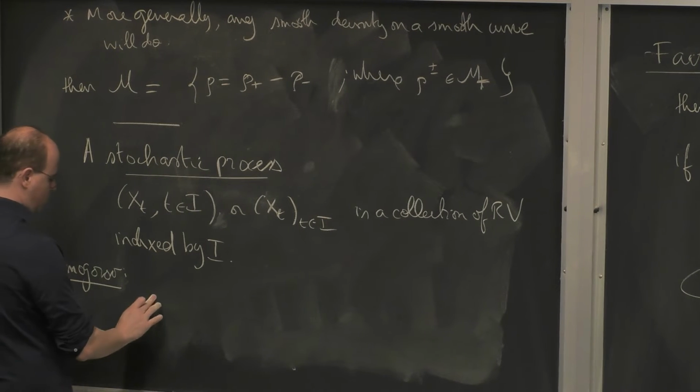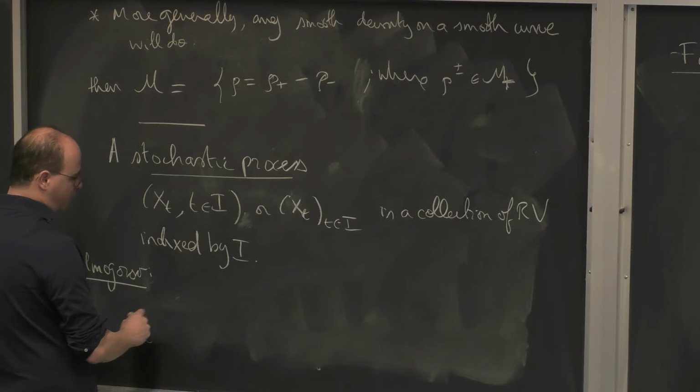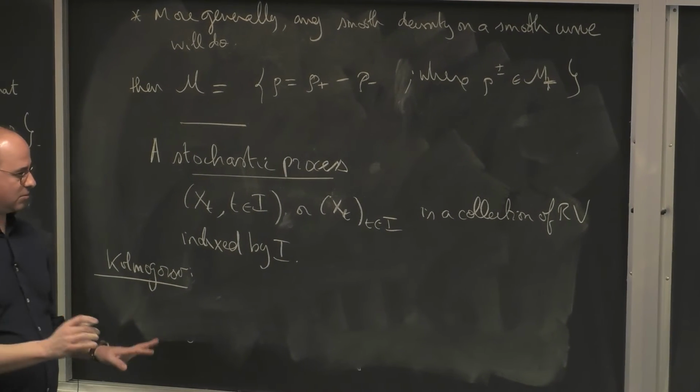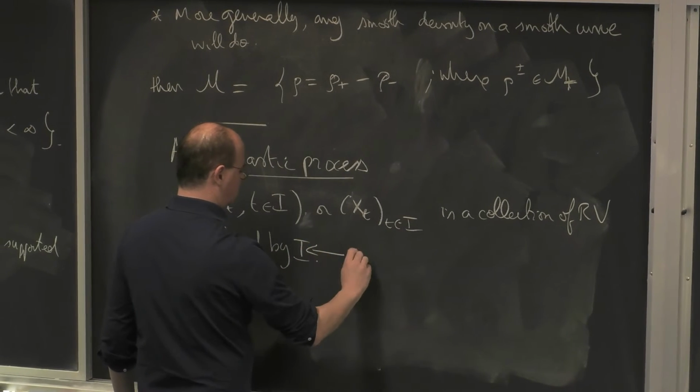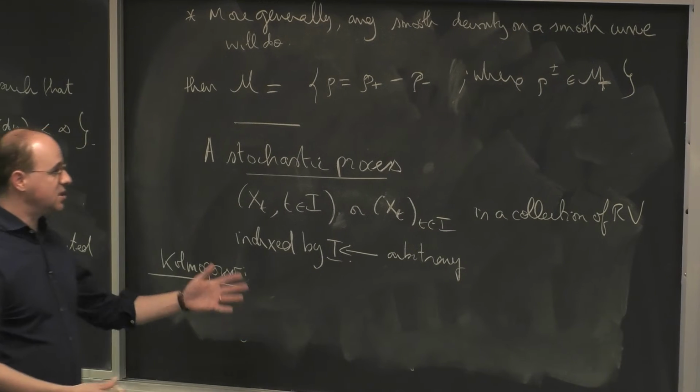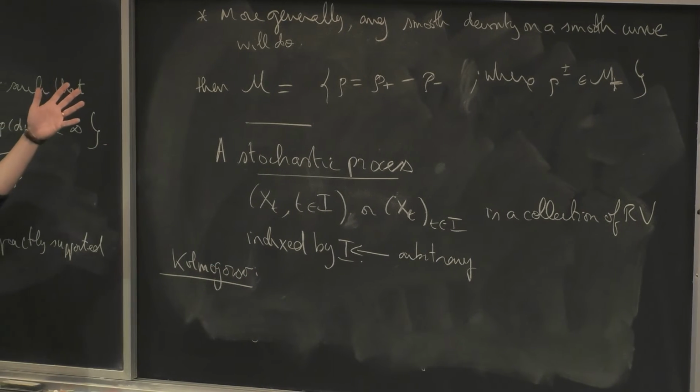This old recipe tells you how to define a stochastic process indexed by I, where I can be anything. I is absolutely arbitrary. Often you think of time, but in this case, I will be this huge space of measures.